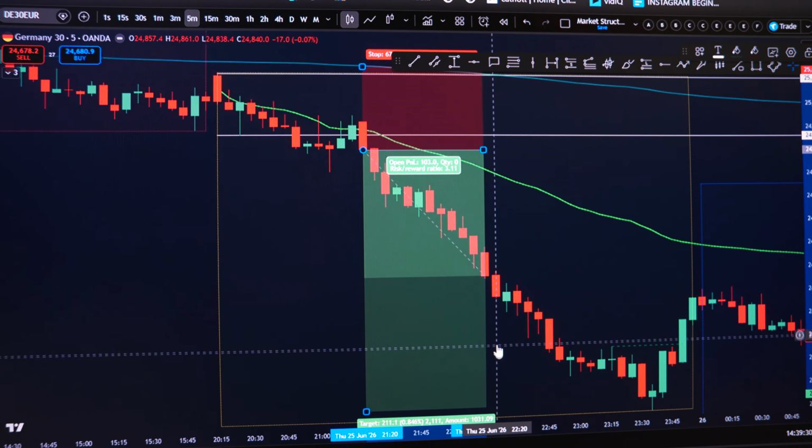Okay, now let's delete everything here. Now let's go to the previous session, which was the London session. Remember, this blue outline box here is the London session.